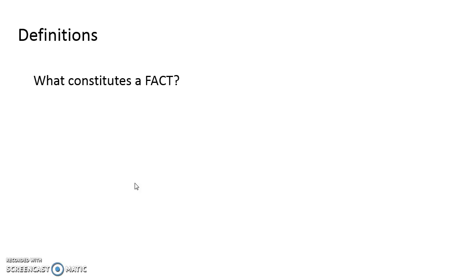A fact is something that people can generally agree is real and true. Or as has been said about truth, truth is that which most accurately corresponds to reality, and that is what facts are in a nutshell.